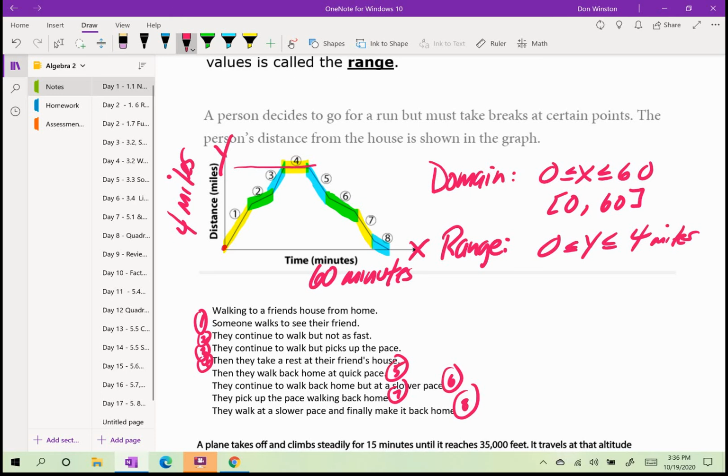And then in interval notation, it will be anywhere from 0 to 4 miles, including 0 and including 4. So that's how we would write the domain and range for that relation, for that graph. Okay, remember, domain is x and range is y.